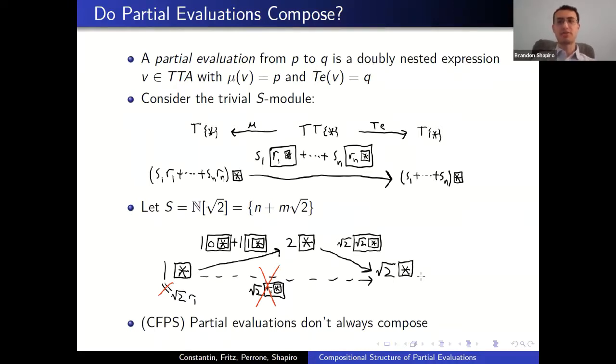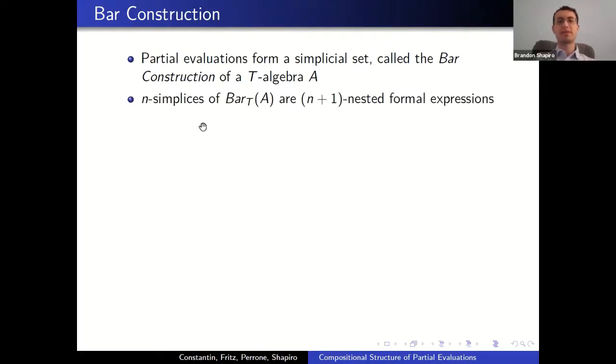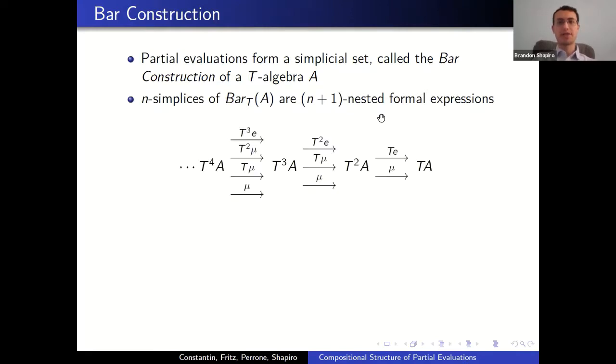And so this is when we start introducing the higher dimensional structure and see what we can do without knowing we don't always have composition. So we're going to describe a simplicial set called the bar construction of a T algebra. Now, the n-simplices are going to be these nested expressions. So if you've seen simplicial sets before, this picture might be familiar. But if you haven't, feel free to ignore that.